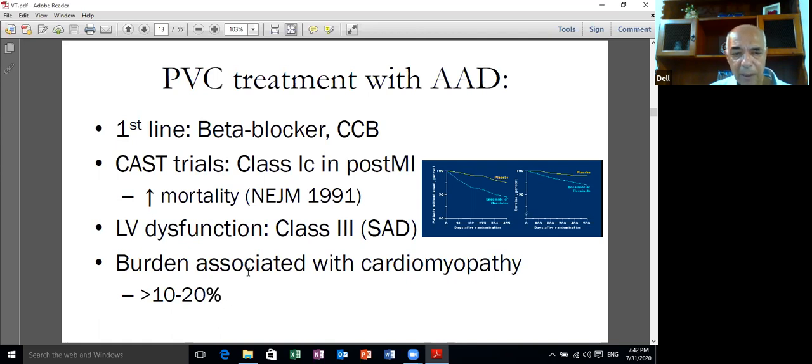Because the PVCs will result in conduction disturbance and impairment of ventricular function and may push the patient into heart failure, particularly those having a left bundle branch block morphology. Recently, it was shown that even 5% of the total beats per 24 hours, if they are of ectopic origin, can still produce a cardiomyopathy.